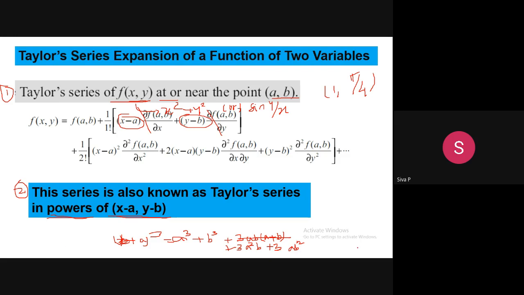In case I am writing the Taylor series in powers of x plus 1, y minus 3, then what is the point? In case the problem is like find the Taylor series in powers of x plus 1, y minus 3, then the problem may be asked at the point minus 1 comma 3.